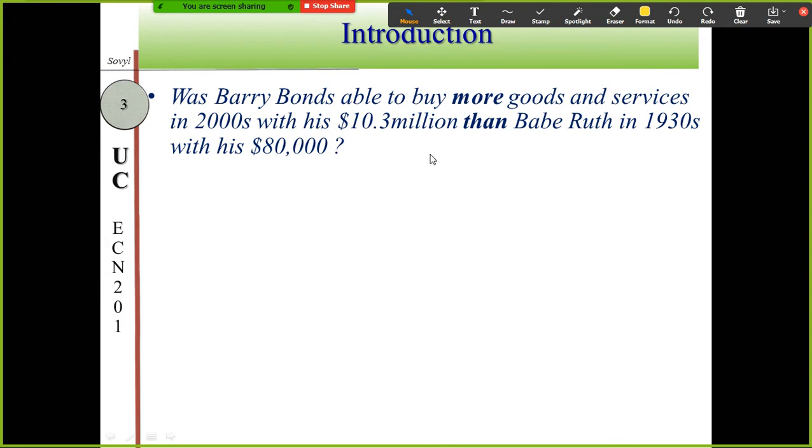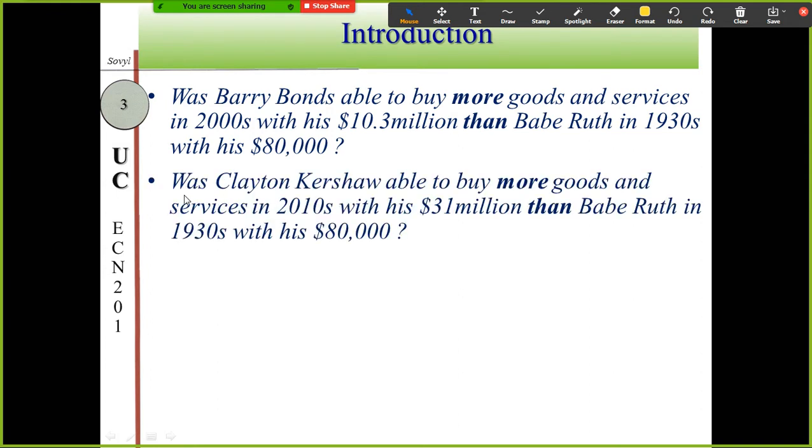So in short, this question means that $10.3 million in the 2000s is greater than $80,000 in the 1930s. The other one: was Clayton Kershaw able to buy more goods or services in 2010 with his salary of $31 million than Ruth in 1930 with his salary of $80,000?